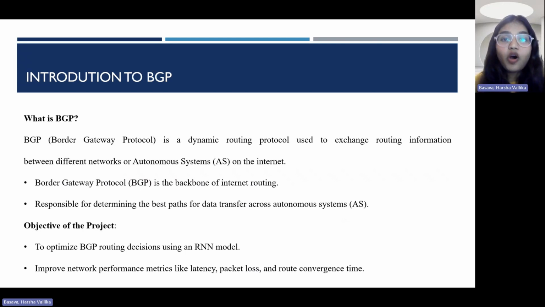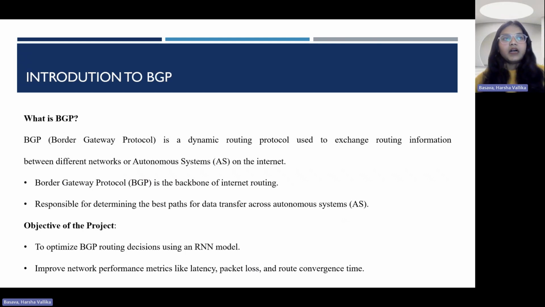The objective of our project is to optimize the BGP routing decision using an RNN model. There are multiple models in the market, but we chose RNN. We thought it would be the right fit. We have also done certain R&D or trials with the random forest model as well, but we thought RNN would be the right model, so we switched to RNN.